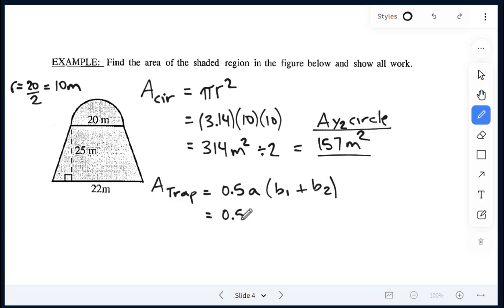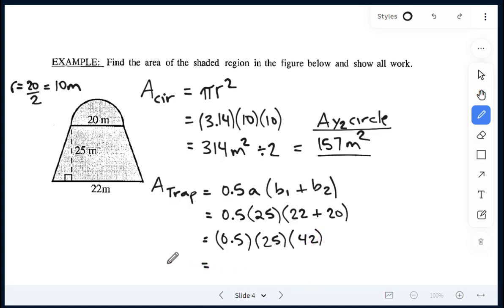So 0.5, multiply it by 25, and then base 1 plus base 2. Base 1 is 22, base 2 is 20, so 22 plus 20, so 0.5 multiplied by 25 multiplied by 42.